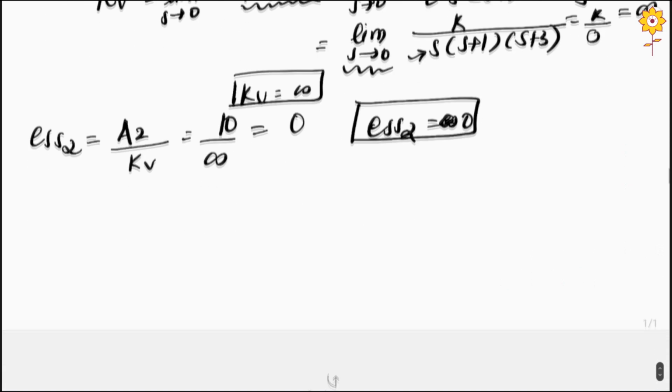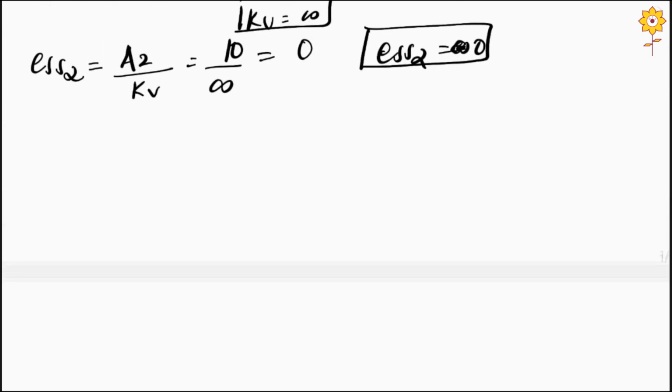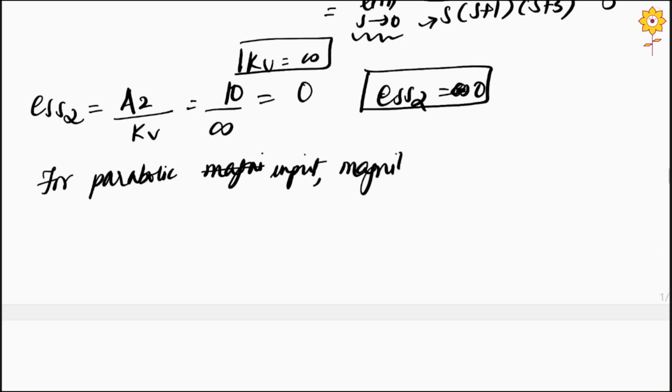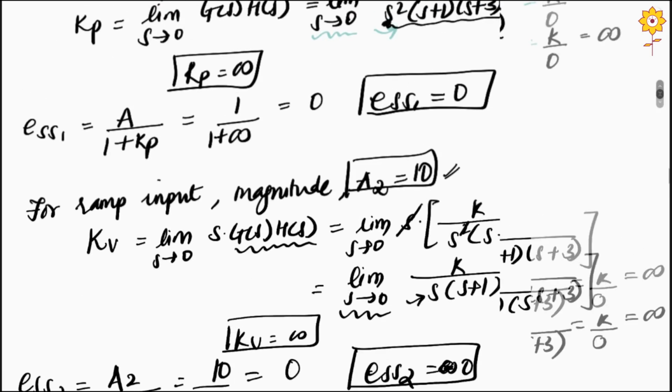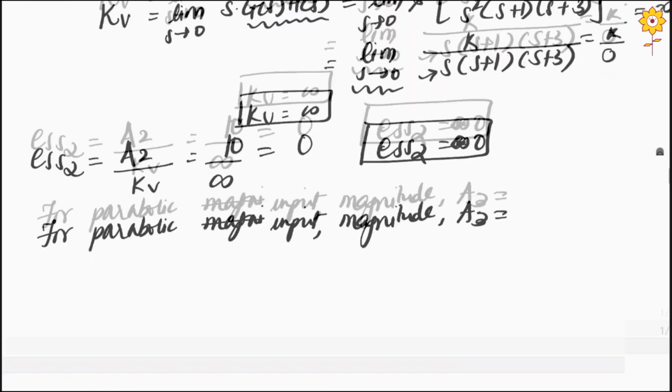Now, let us move ahead for parabolic input. So, what is the magnitude in case of parabolic input? You can see here the magnitude is 40, correct.